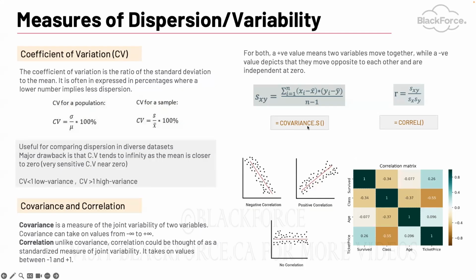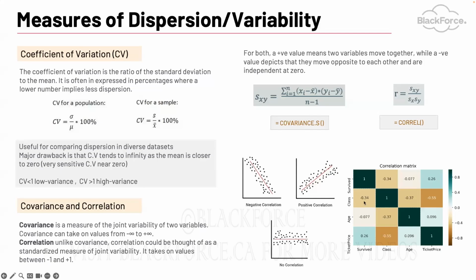And this is how you do it in Excel. It's quite straightforward stuff. This is age, class, survived, and ticket price: four variables and how they correlate with each other. For the same variable, survived and survived is perfect correlation, because it's literally the same numbers.